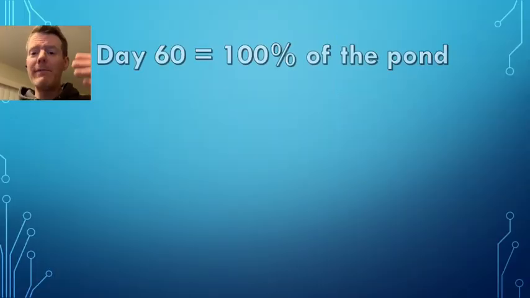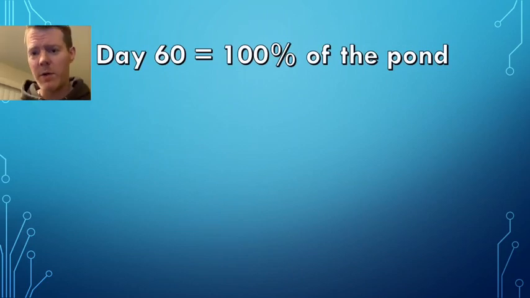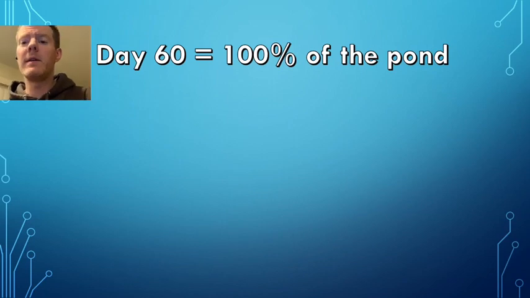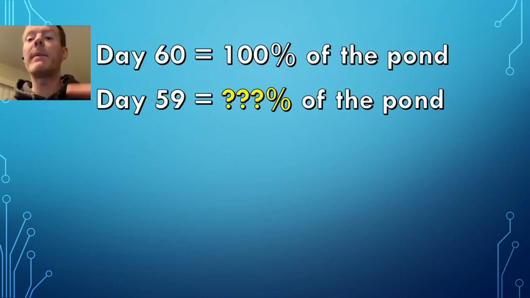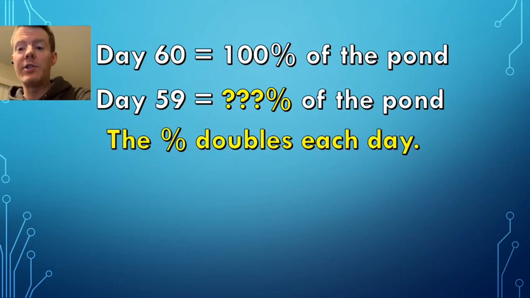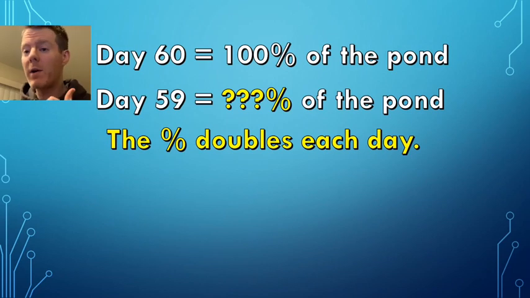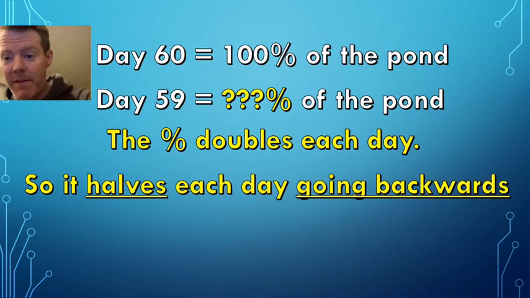Now, if you think about it in terms of going backwards, on day 60, 100% of the pond is covered. And we needed to know, okay, well, let me go backwards. What's day 59? Remember, it's always doubling each day, so going backwards, it would be halving each day.